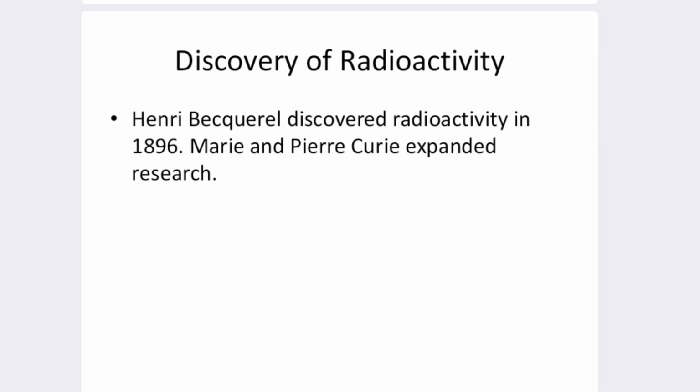Hence, he repeated this experiment with other salts of uranium, and concluded that uranium and its salts emit invisible radiation that can pass through paper, wood, glass, etc., and also affects photographic plates. These radiations were found to be alpha, beta particles, and also gamma radiation.